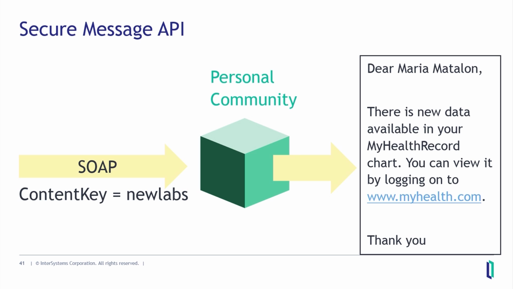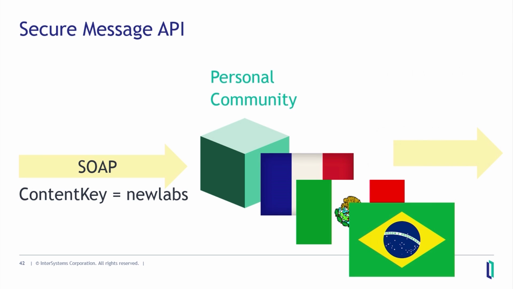And here we come to the thing that I personally think is the coolest part of this whole feature, which is that the pre-written text allows you to communicate with the patient in their preferred language. Note that Community does not translate any text for you.